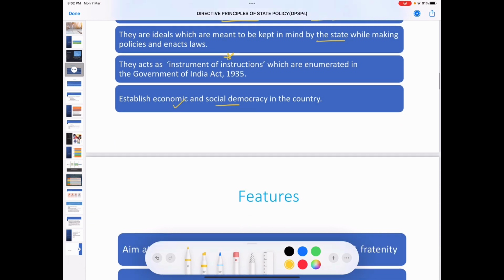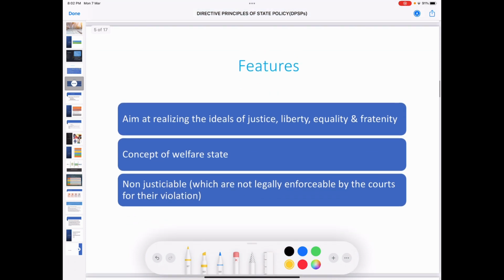All right? Let's look at 3 important features of DPSP. सबसे पहला feature is the aim of DPSP, and that is to realize the ideals of justice, liberty, equality, and fraternity. Right? The concept of welfare state is again a very important feature of DPSP.